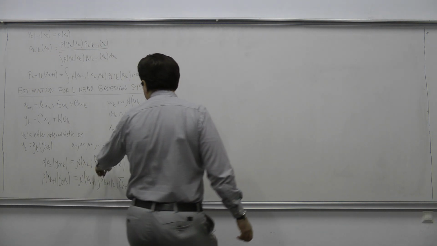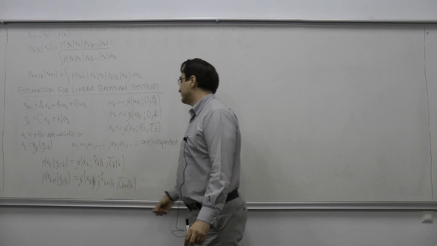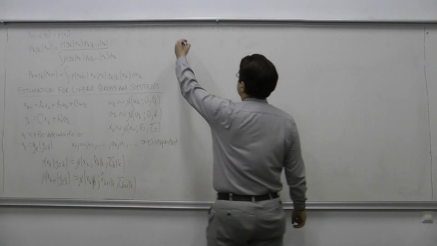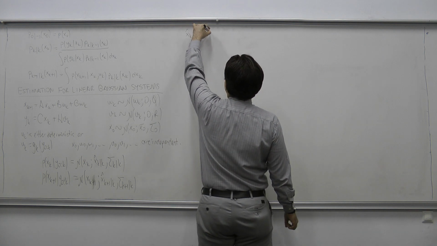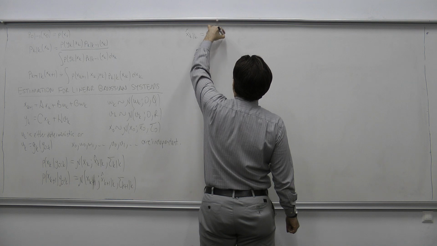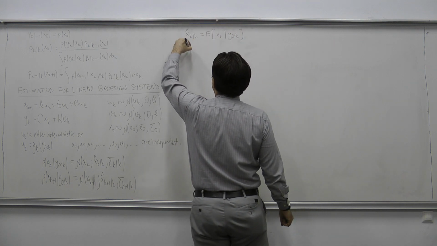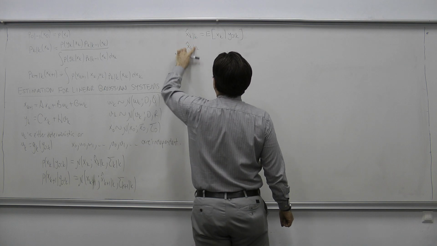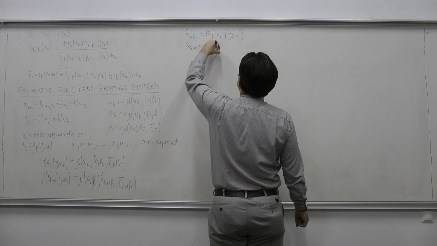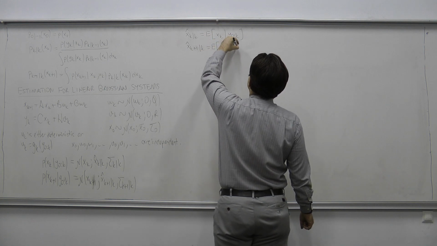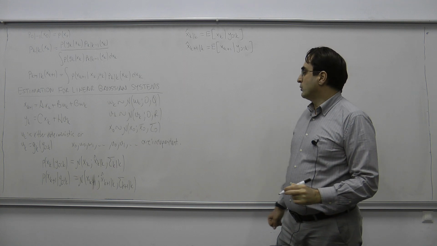And here, what are these xk hats and these sigmas here? If I write their definition, then I would have xk given k hat is nothing but the expected value of xk given all of the measurements, and xk plus 1 given k hat is equal to the expected value of xk plus 1 given all of the measurements between 0 and k. Okay?